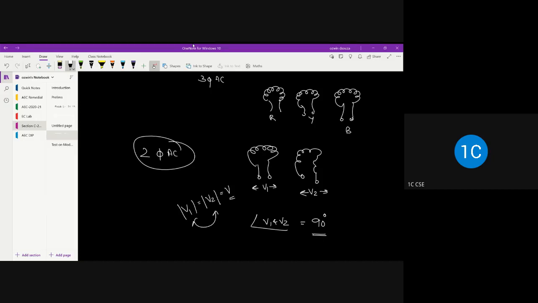Because for two-phase AC, you have to convert your existing single-phase appliance into a two-phase one, which is very impractical. That's the reason it is not at all used, but it is used in one very special application, that is in furnace arc in refinery to melt the raw metal.